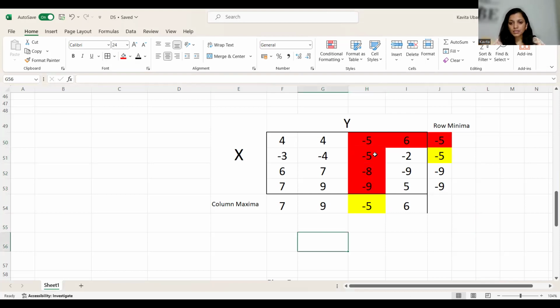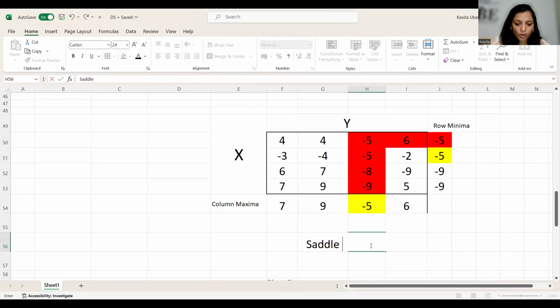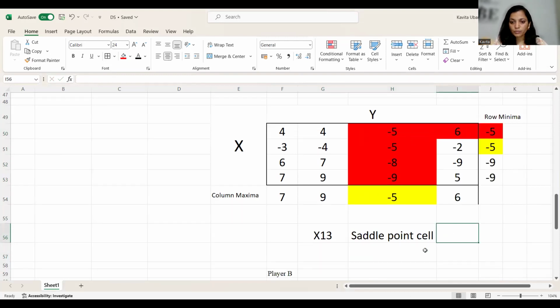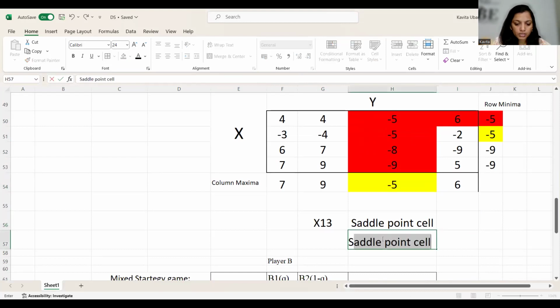That is why we can say that this -5, x13, is your saddle point, and the saddle point value is the value of the game, denoted as V, equal to -5.